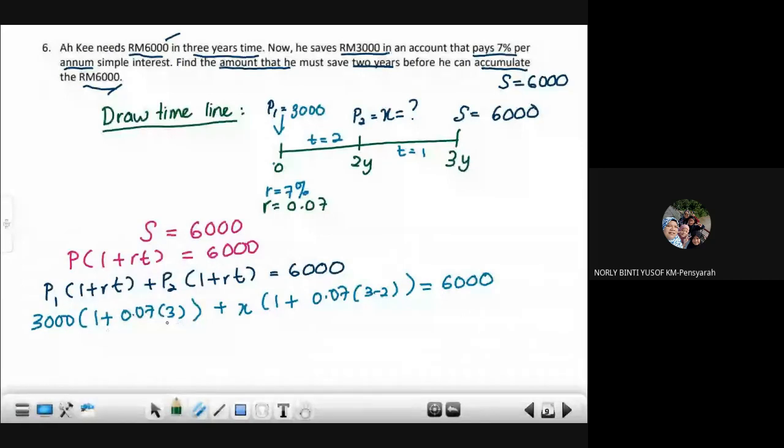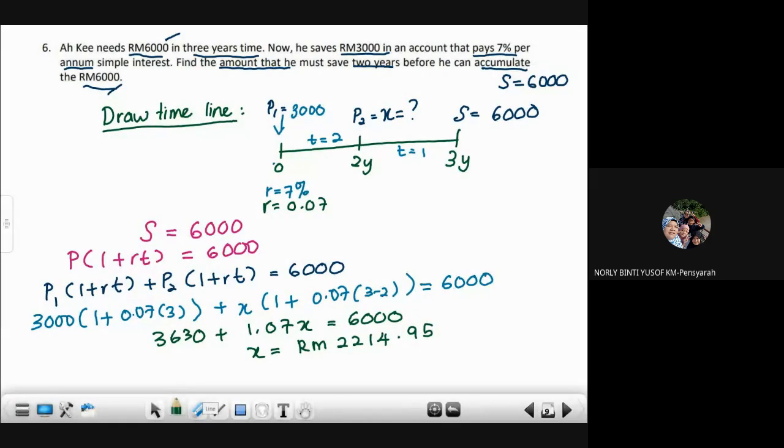So you kira sini you dapat 3,630 plus 1.07X equals to 6,000. So calculate. Nanti tolak 6,000 tolak 3,630, bahagi 1.07. Dapatlah 2,214.95.